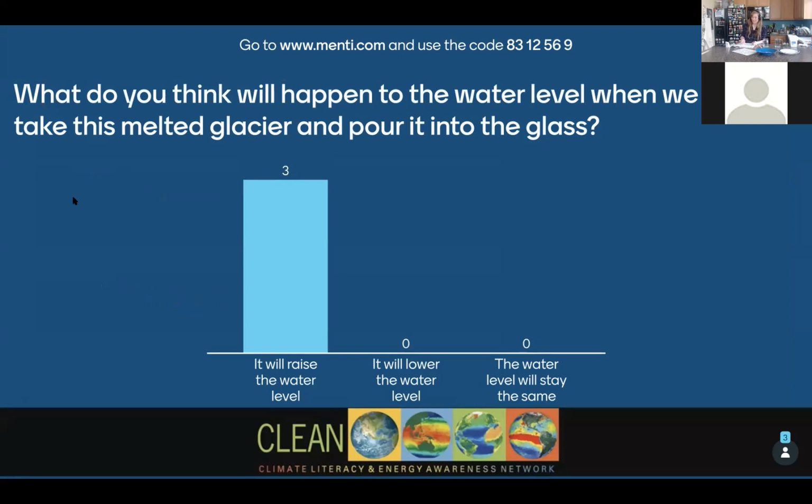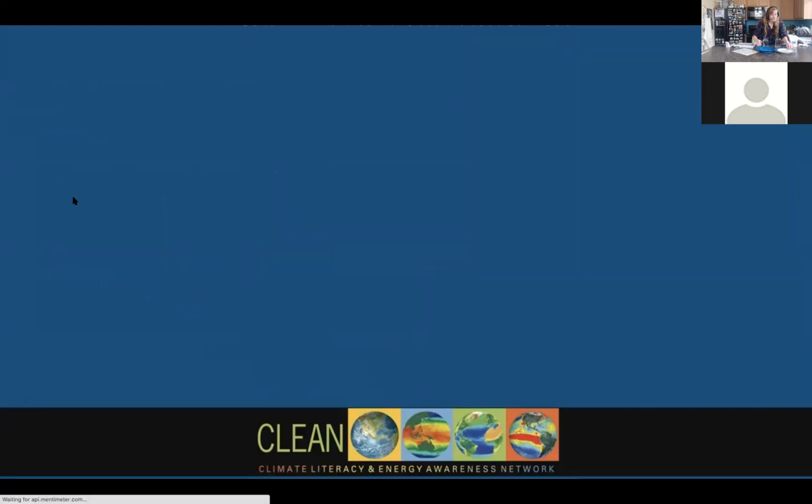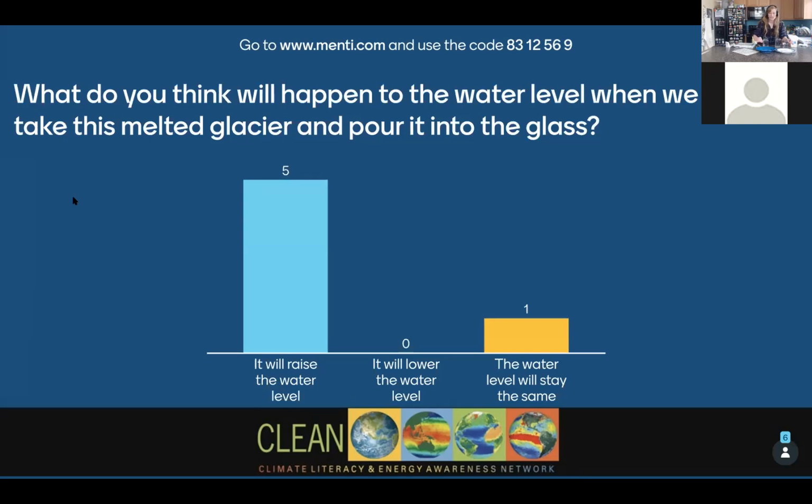I already have that written down from before, but now we can pour the water from the plate into the glass. Before we do so, I just want to show that my ice has melted much more on the blue plate. So now I'm going to take this and pour it in. Oh, there goes the ice cube.